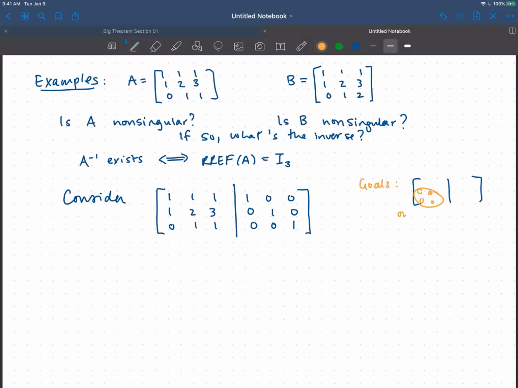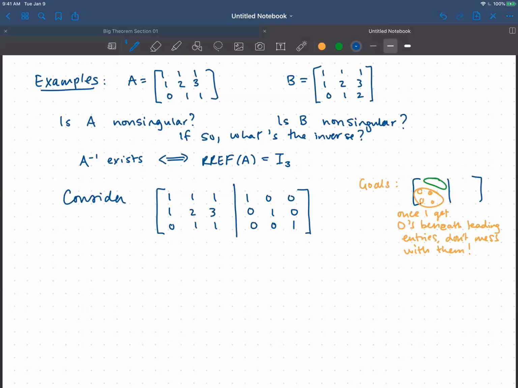And once I get zeros beneath these leading ones, or beneath these pivots, these leading entries, I don't want to mess with them. And then once I've got those zeros, my next goal is to start building some zeros up here.